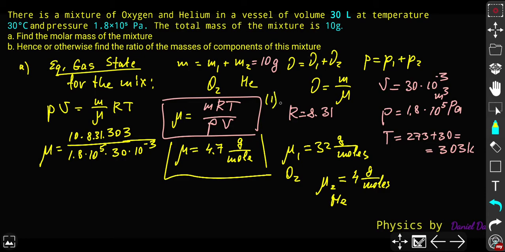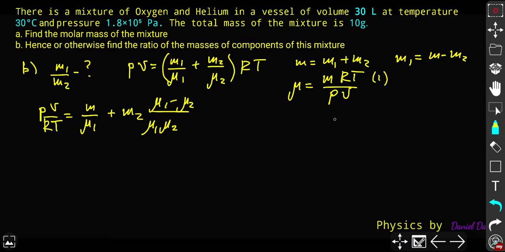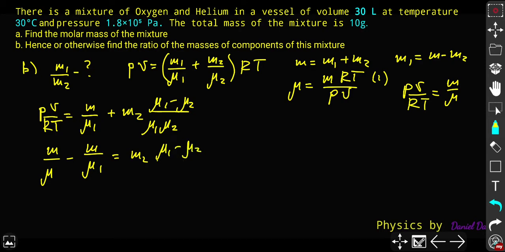So using the formula 1, we can express molar mass, so that means PV over RT simply represents mass over the molar mass, and we can plug in. So hence we have the following equation: M over the molar mass minus M over mu1 is going to be M2, and here is going to be the difference mu1 and mu2. So here you need to be very precise and accurate.